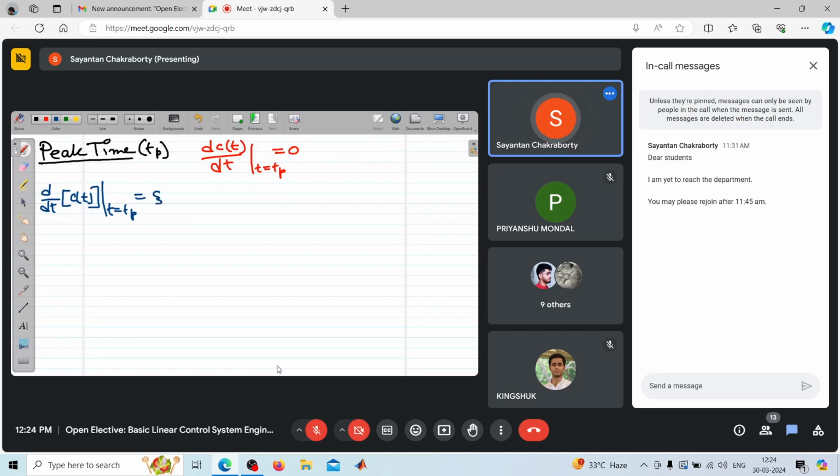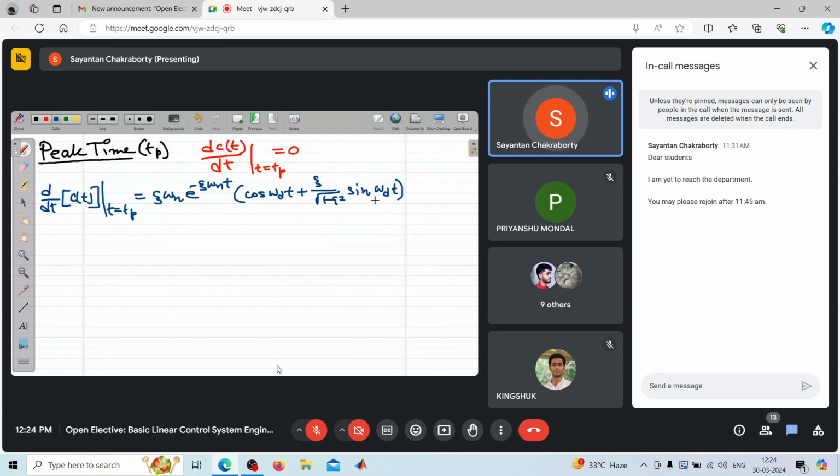What you get is zeta omega n e to the power minus zeta omega n t, the one will be getting cancelled out, into this thing: cos omega d t plus zeta over root over 1 minus zeta square times sine omega d t.